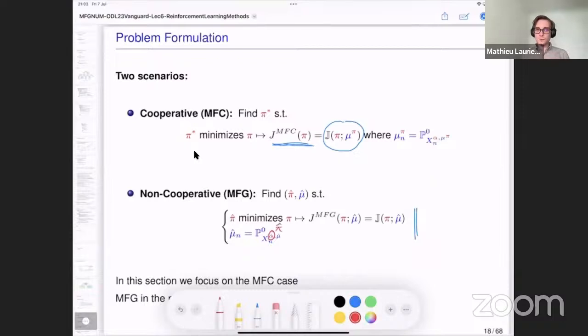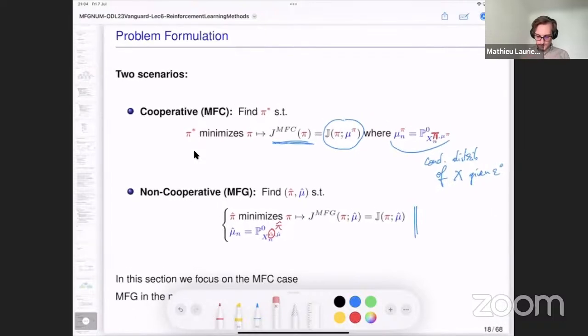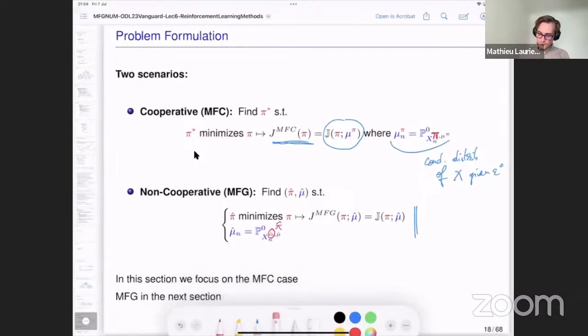The process is controlled by pi hat, and P0 means I take the conditional distribution. So this means a conditional distribution of x given epsilon 0. And here, same thing, it can be alpha, but anyway, I will put a pi to be consistent. In this section, I focus on the mean field control, and in the next section, I will go back to the non-cooperative mean field game setting.